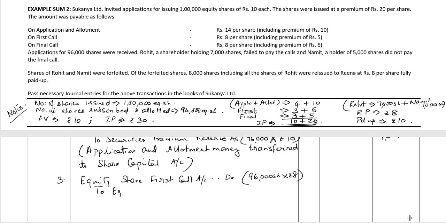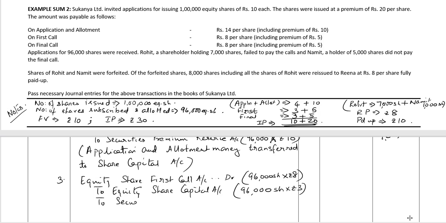To equity share capital account. The amount of first call money towards equity share capital is 96,000 shares multiplied by rupees 3 per share.